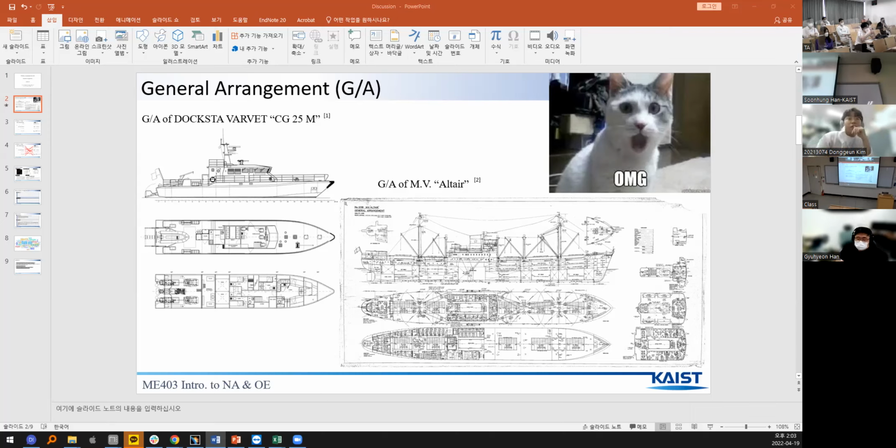So today's first discussion will be to learn about the representative lines used in general arrangement drawings.